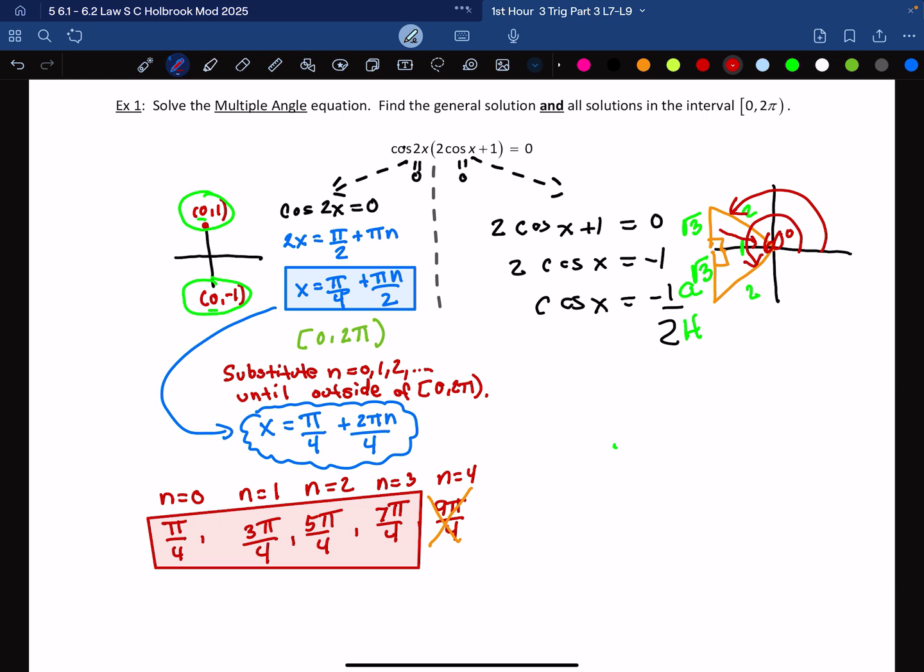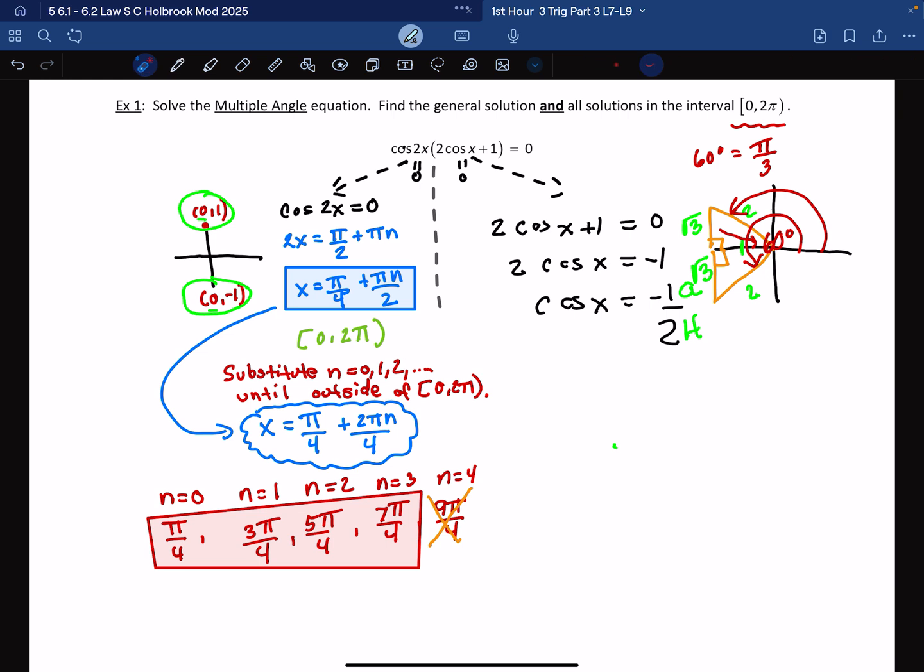When we're doing our general equation, we're going to be looking at what is this value in all revolutions of it in radians. The first values that we get are actually the values between 0 and 2 pi. Let's think about 60 degrees in radians. It's pi over 3. In the first quadrant, it's pi over 3. But what is it in the second quadrant if you count your multiples?